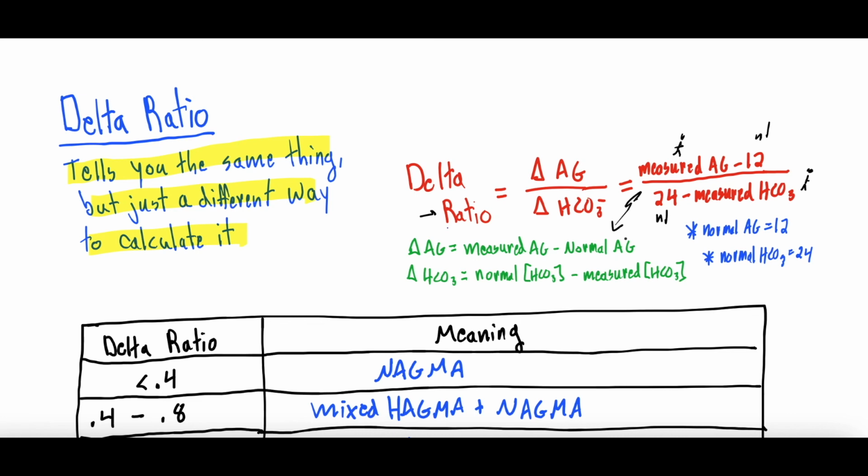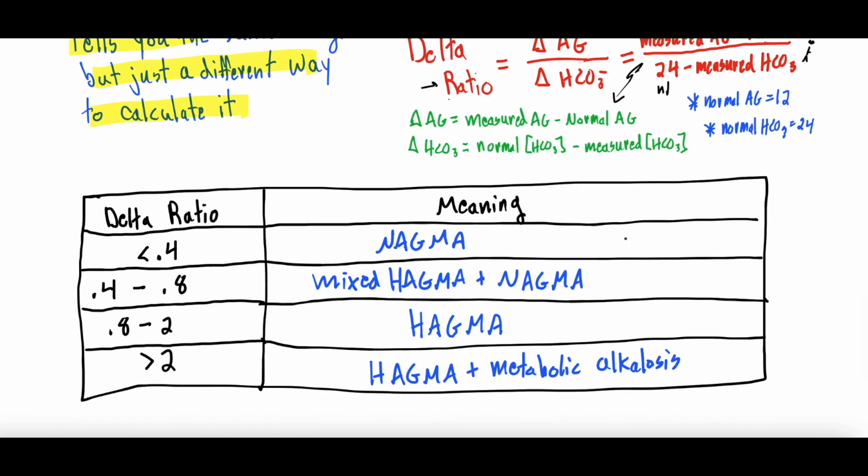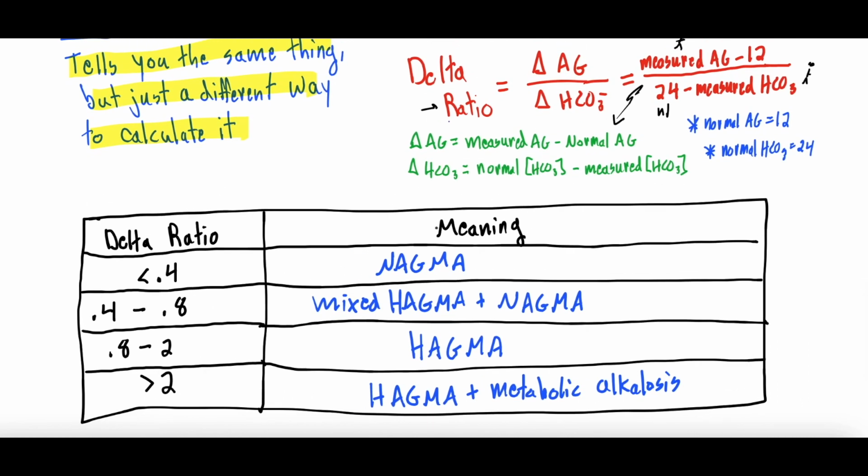So then we have delta ratio meanings depending on what the ratio is. If the ratio is less than 0.4, it means that there is a non-anion gap metabolic acidosis, which essentially means you didn't need to do the delta ratio in the first place, because you should have already known that it was a non-anion gap metabolic acidosis.